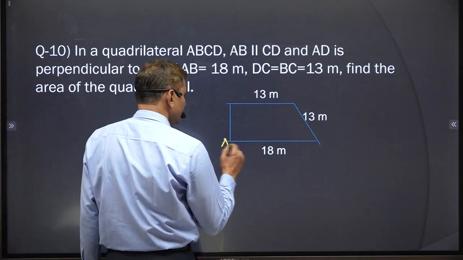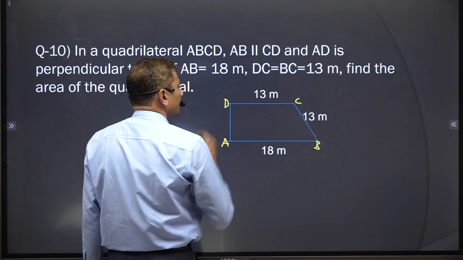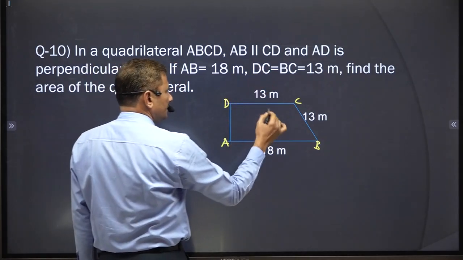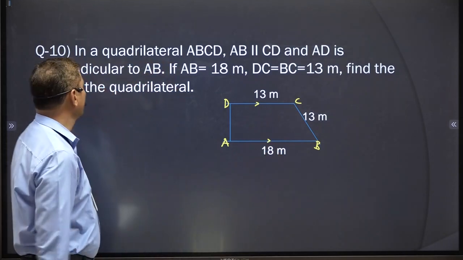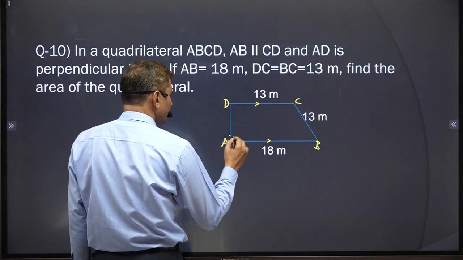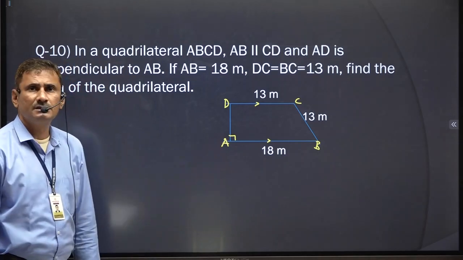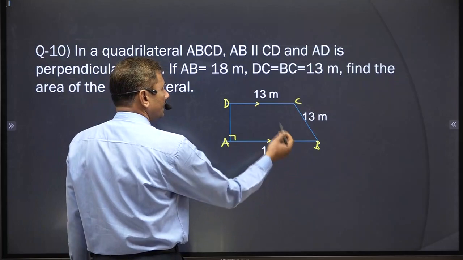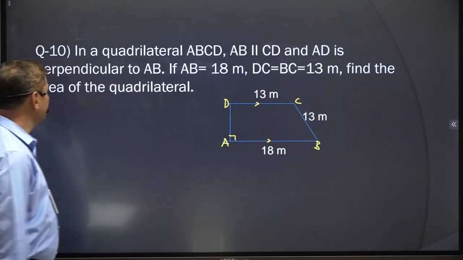So A is here, B, C, D. They have given AB parallel CD, means AB and CD are parallel. AD is perpendicular to AB, so your right angle is there. Okay, then what is given? AB equal to 18, DC and BC both are 13, 13. Now find the area of the quadrilateral.